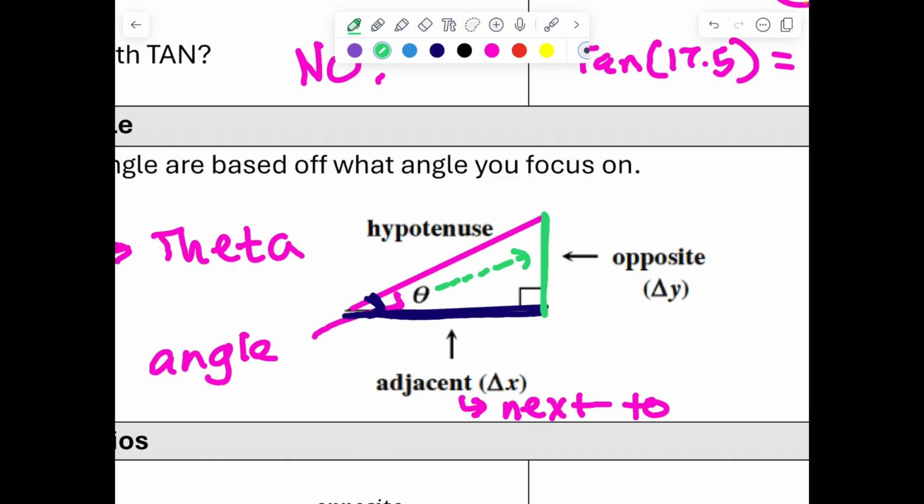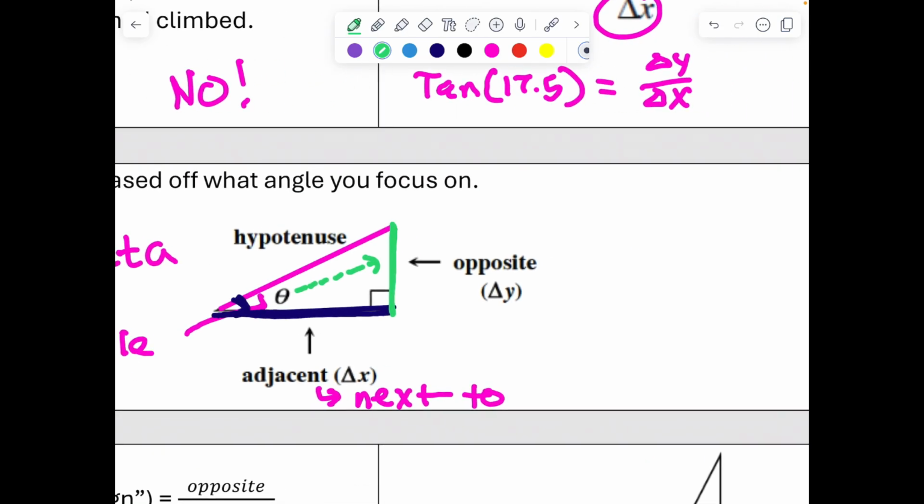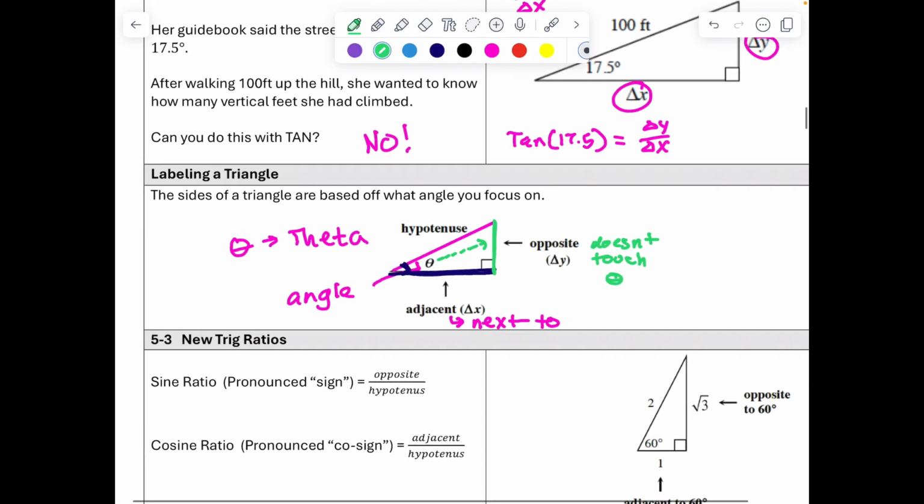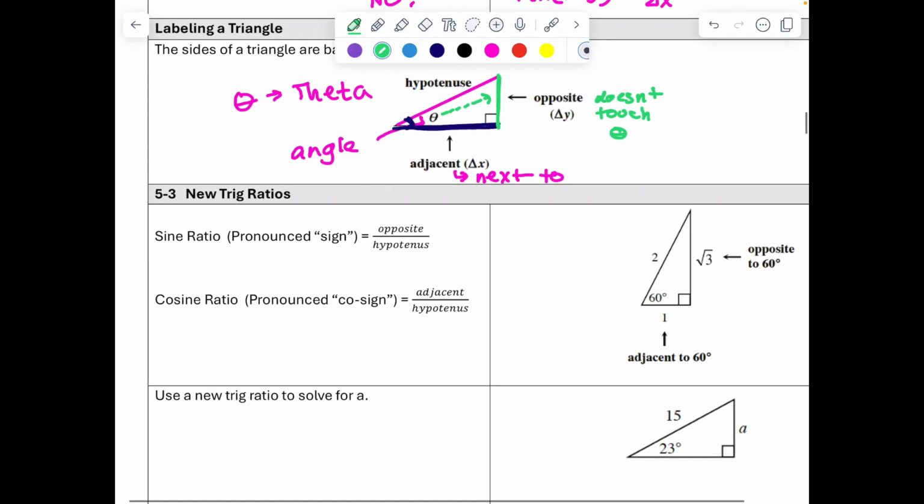So it's the side that doesn't touch that angle whatsoever. And that's going to be the same no matter how your triangle is oriented, okay? And so before last chapter, we were focusing on needing to reorient the triangle. We don't need to do that anymore.